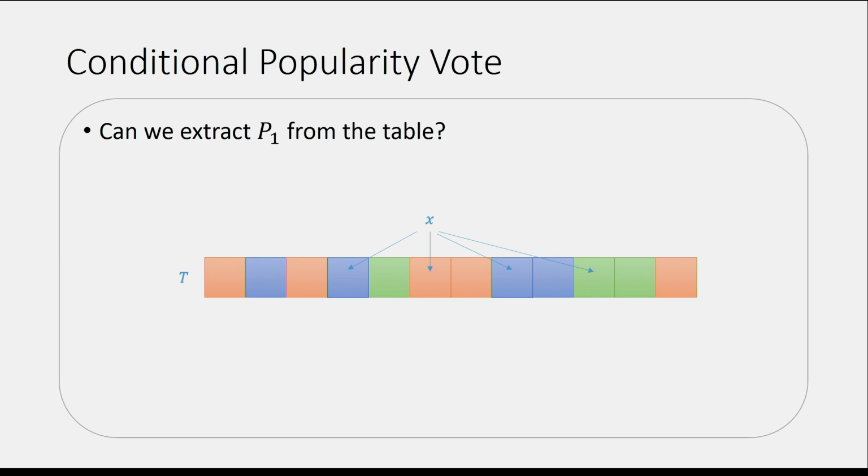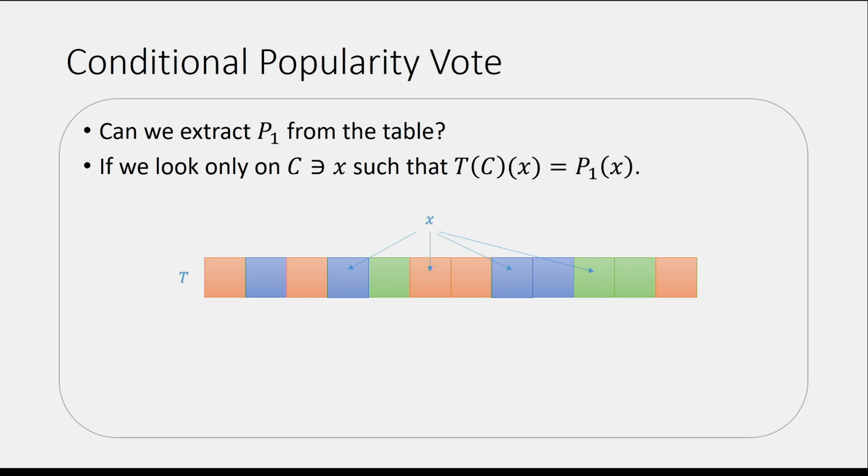So what we do is, we use an idea that appeared in direct product testing in Dinur, Kaufman, and Wigderson in 2012. The idea was to look only at a single x, and only at cubes that contain x, but also such that x has some specific value. For example, in this case, we take P1 of x. These are going to be these two cubes.